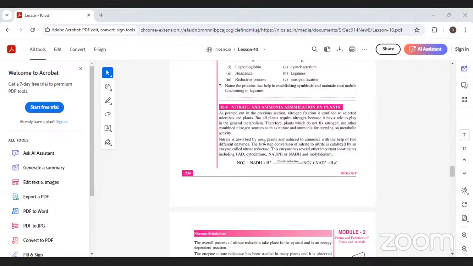enzymes. The first conversion, of nitrate to nitrite, is catalyzed by an enzyme called nitrate reductase.